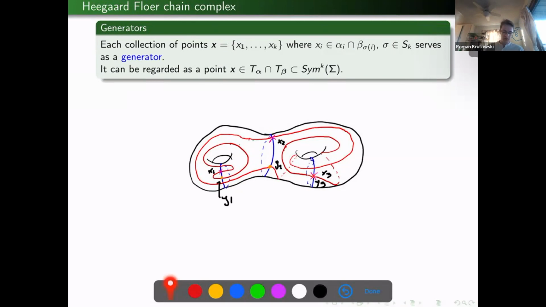One can think of any such collection as a point of intersection between two real tori in a symmetric product of sigma, and these tori are associated with alpha and beta curves.